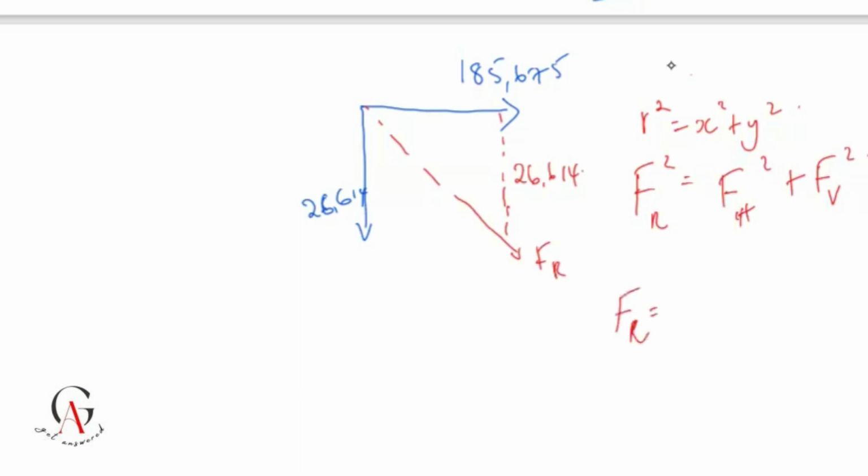So our resultant will be the square root of 26.614 squared plus the 185.675 squared.